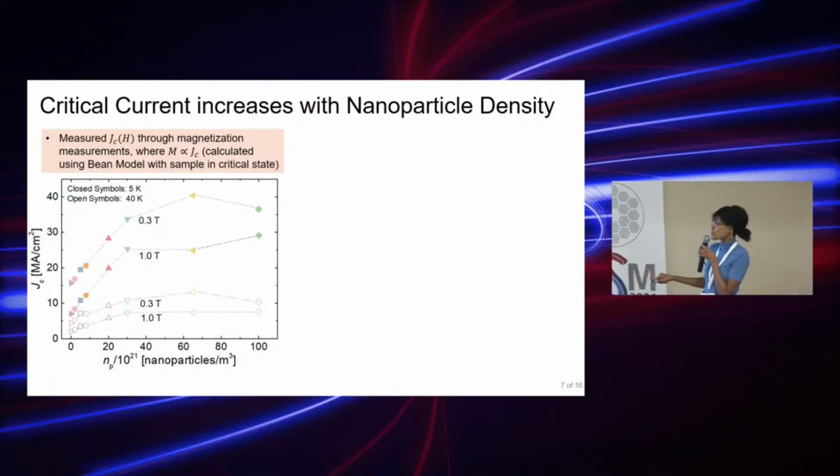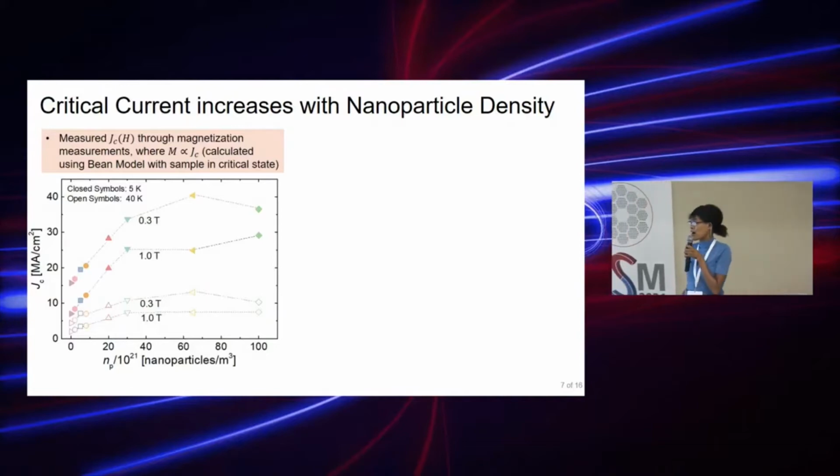What you should notice here is that JC does indeed increase with increasing nanoparticle density. And then it tends to flatten out such that we don't see a huge additional benefit in having a higher density of nanoparticles between this point here and here.